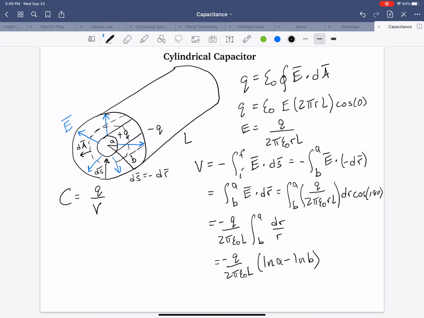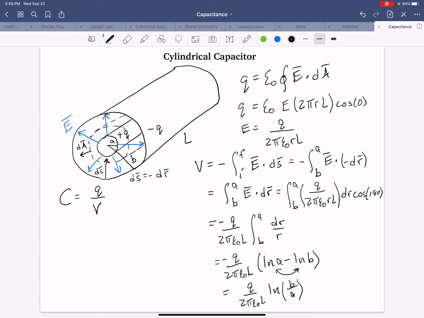And I don't like a minus sign out front if I don't have to. So we can rearrange those natural logs. Flipping the terms takes away the negative sign, and then I'm going to combine it in fractional form, giving me this. So that is the expression for the potential in between these two cylindrical plates.